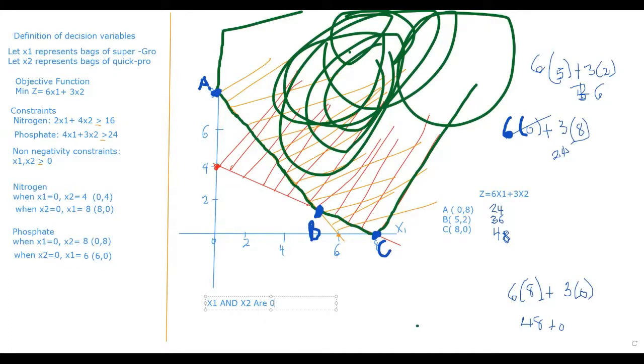So x1 is 0 and 8 respectively. And the cost is what? The minimum cost is 24. Minimum cost is 24. So this is the opposite of what we did earlier.